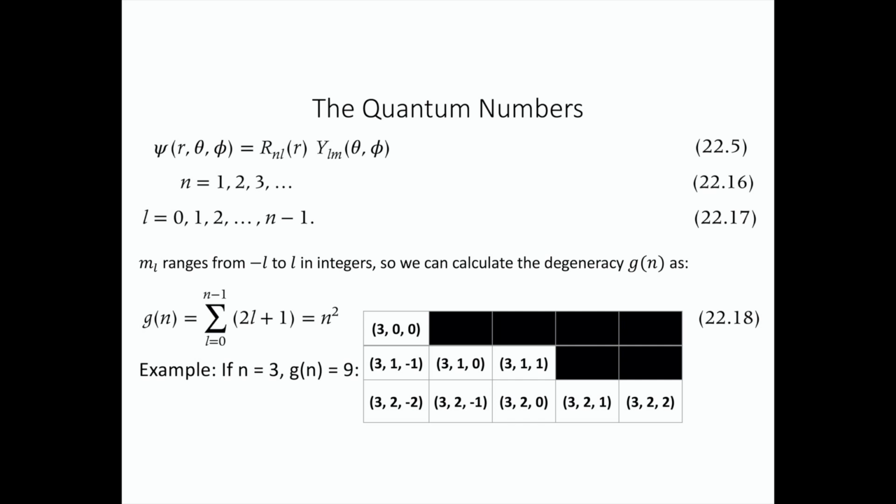And physically, the degeneracy is the number of ways that we can achieve the same energy, because it turns out that in the equation that tells us the energy of a particular state, the only quantum number that appears is the principal quantum number, n. That's the only one that shows up. Therefore, the energy is determined by that quantum number, and the choice of the other quantum numbers does not affect the energy of the hydrogen atom. So it's the number of ways to achieve that particular energy level.